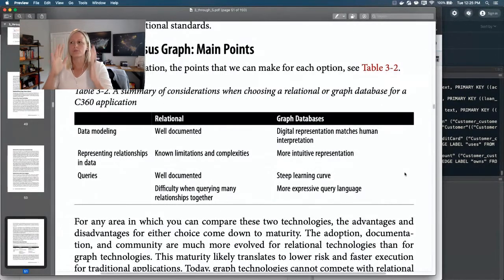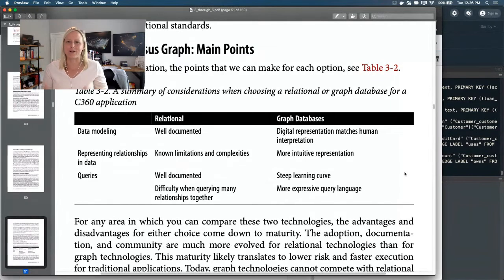When you go through the relational thought process and then the graph database thought process, the main win you're going to get across the board on relational is the fact that they've been around for decades. So when it comes to experience and documentation, relational databases are going to have a lot more documentation out there. If you're having a problem with a query or trying to understand how to design a schema or optimize an index, Google your way through it.